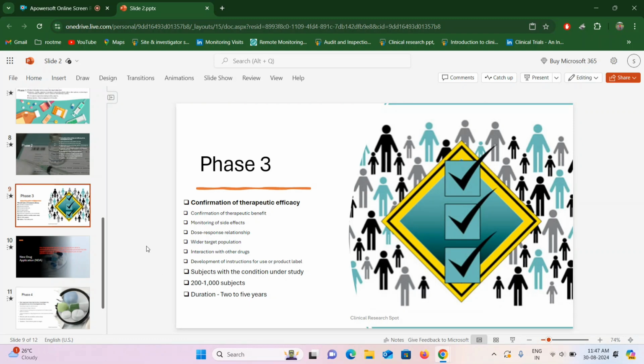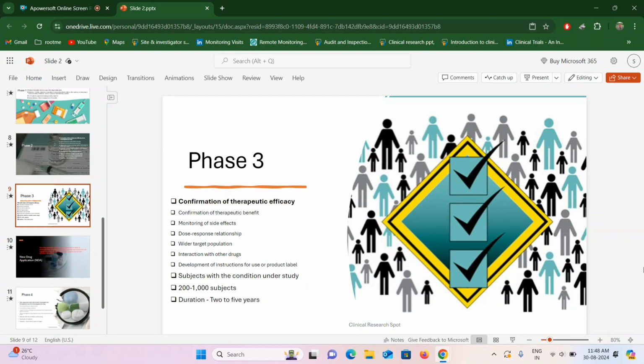So in this phase 3 clinical trial, the researchers will compare the safety and effectiveness of the new treatment against the current standard treatment. That is the treatment which is already available in the market to treat that particular condition.